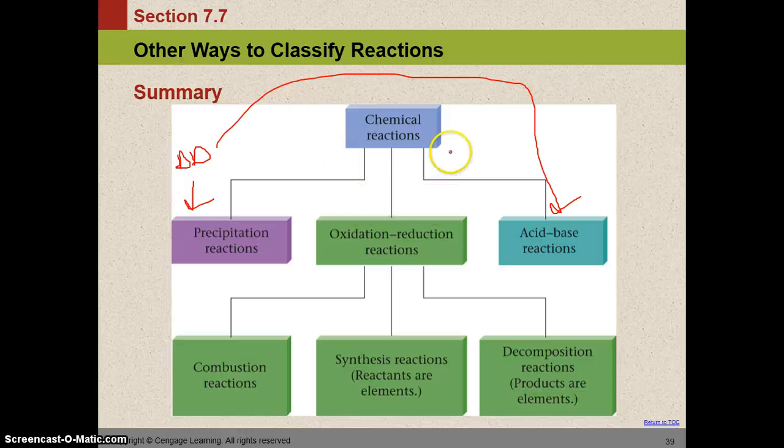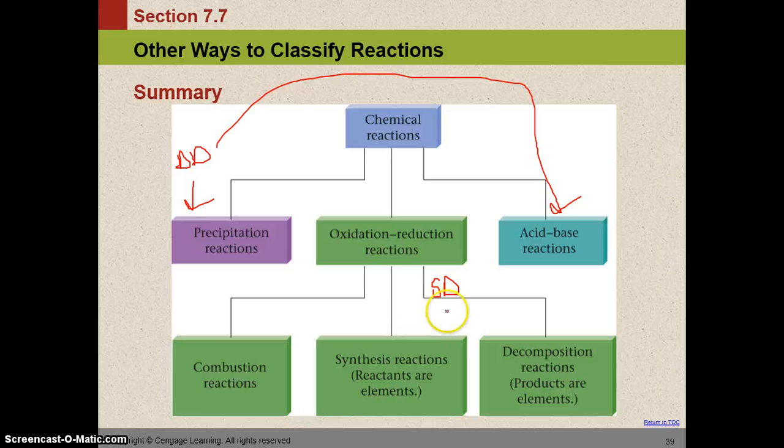So I could say what kind of chemical reaction it is. You would say it's precipitation and it's double displacement. That's a true statement. Or it's acid-base and it's a double displacement reaction. The other one is the single replacement reaction, and that's only going to happen in the redox world. So it's possible to also have a single displacement reaction down here as well.